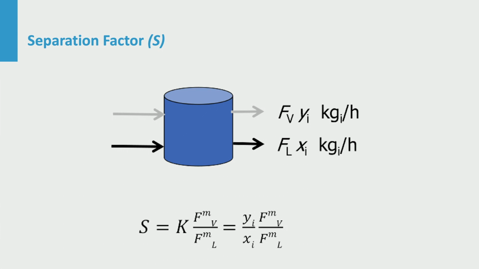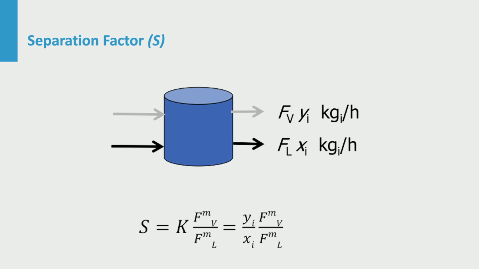The mass flow of I leaving with feed phase will be FL times XI. The ratio between these flows of I is the separation factor that we just learned about. So a compound's separation factor can tell which proportion of the compound goes in which direction.